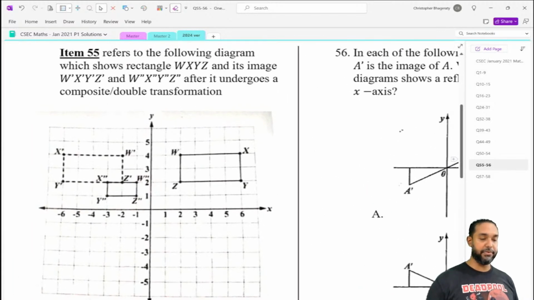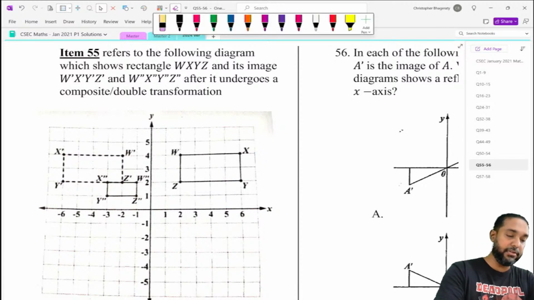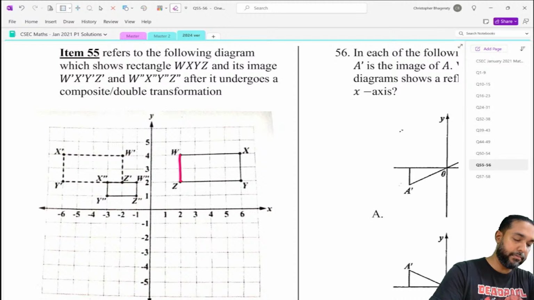Item 55 refers to the following diagram, which shows rectangle WXYZ and its image W'X'Y'Z' and W''X''Y''Z'' after it undergoes a composite or double transformation. So you're starting off, let's get some colors going here because I feel that might help us to see things a bit more easily.